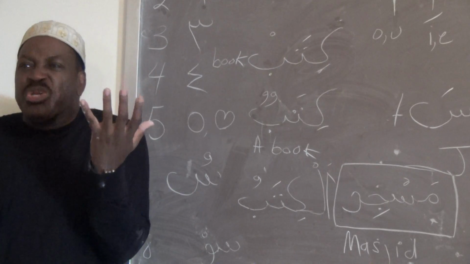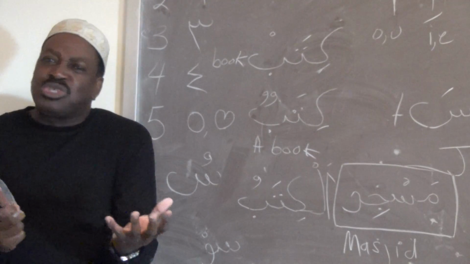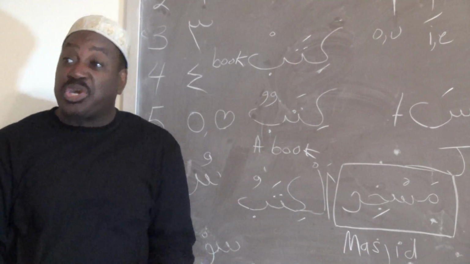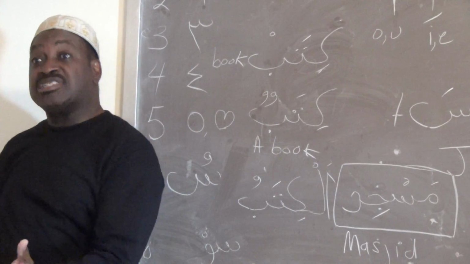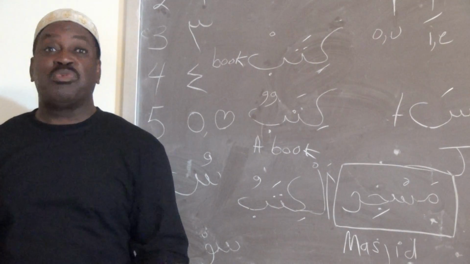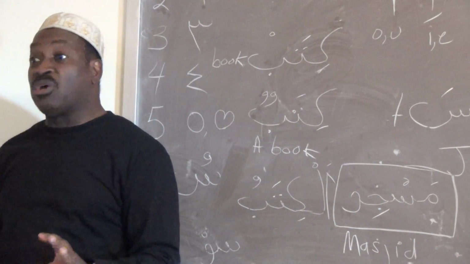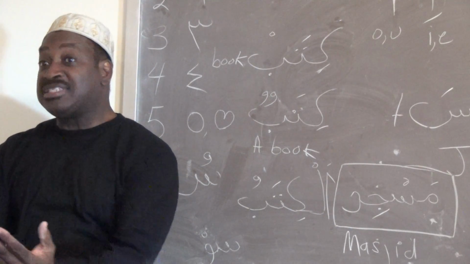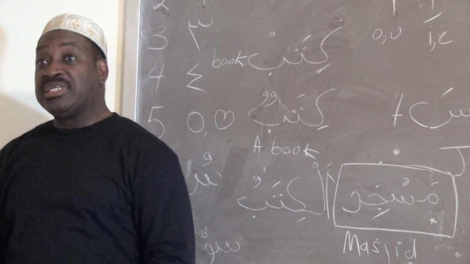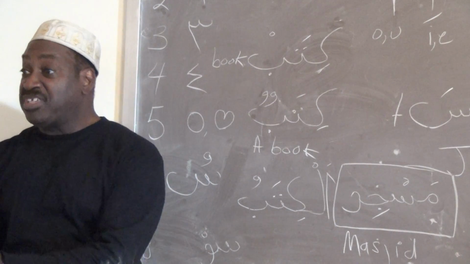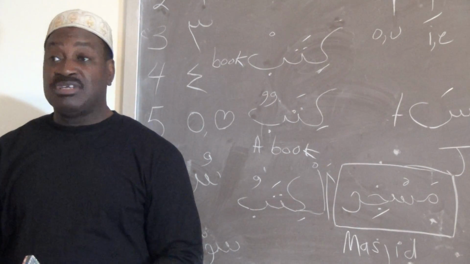In our mind we know what it means, but if we had to show someone else how to find it in the dictionary, there is a procedure we have to go through to eliminate those letters that have nothing to do with the root word. These letters might be prefixes, infixes, and suffixes.